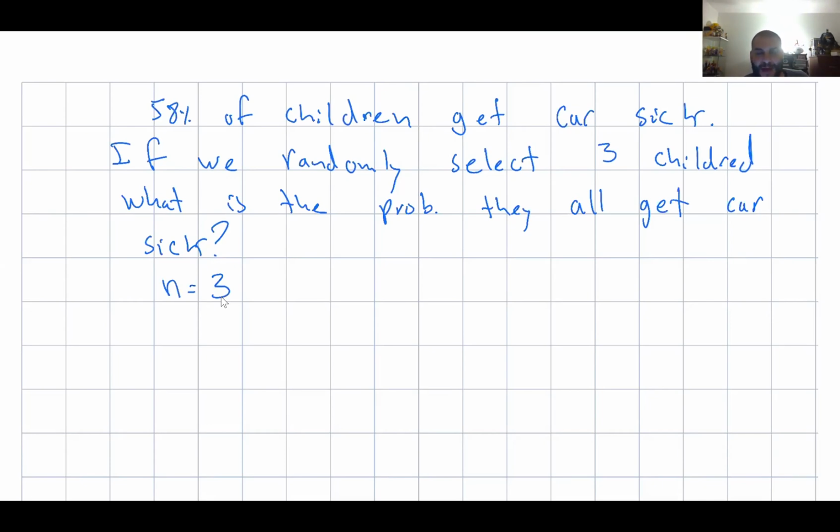For this one, the success is always the probability we're looking for. Are we looking for these children to get sick, or not to get car sick? We want them to get sick. So a success would be sick.